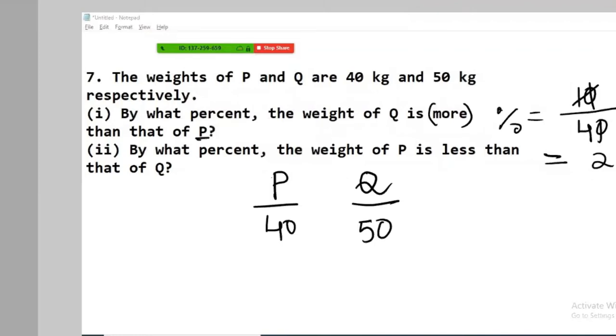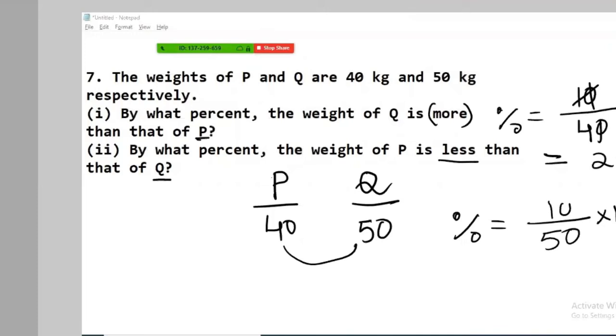25%. Next. By what percent is the weight of P less than that of Q? Now look here. Percentage symbol: something should be in the numerator and something in the denominator, into 100. Denominator, think about it, "that of Q". So Q will come in the denominator. What is the Q value? 50. Less means again the difference.